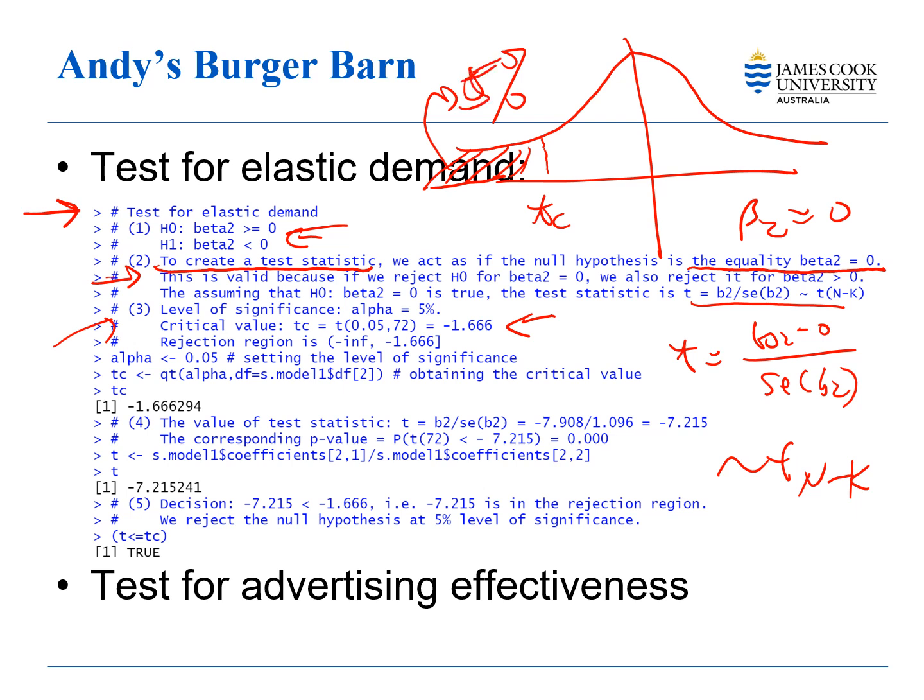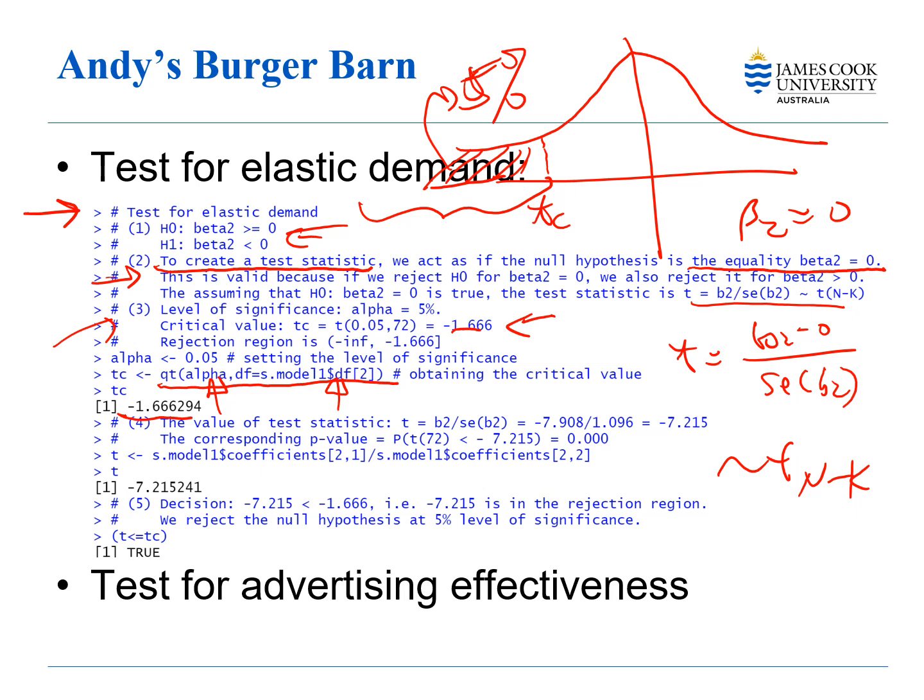We can use the command qt, which computes the percentile corresponding to alpha, with this many degrees of freedom, which is negative 1.666294. So that's the critical value here. Then the rejection region is this region. If the value of the test statistic is less than negative 1.66, we reject the null hypothesis.